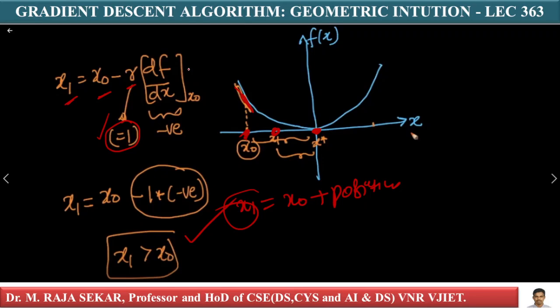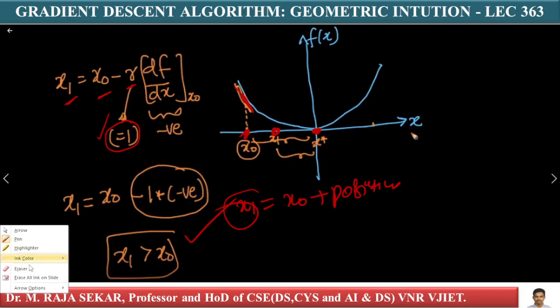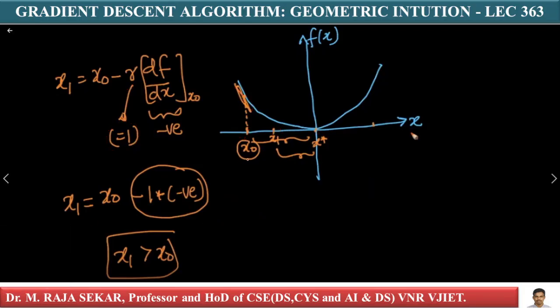Our df by dx at x0 is a negative value, that is important here, and we said r equal to 1. So x1 equals x0 minus 1 into a negative quantity, which means x1 is greater than x0. Therefore, x1 is moving towards x star, which means x1 is closer to x star compared to x0, isn't it?